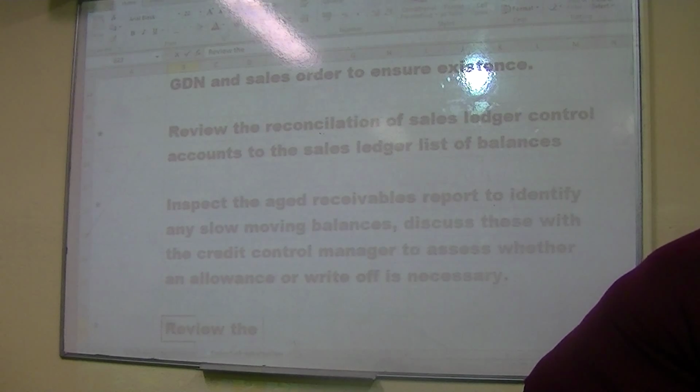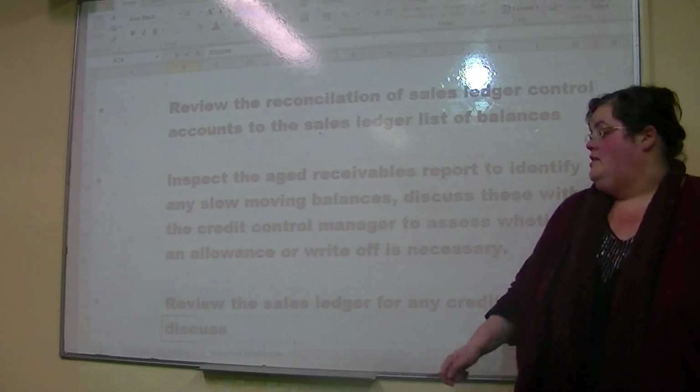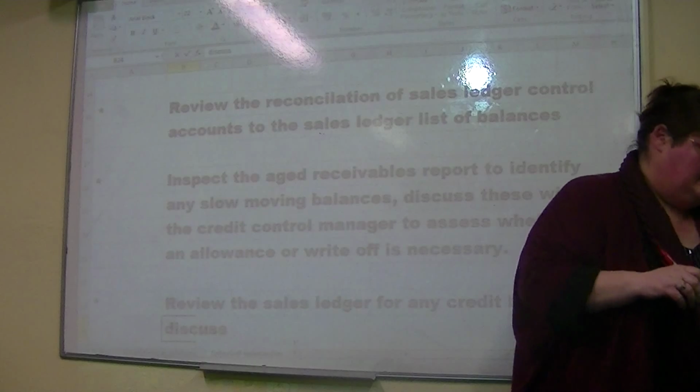Review the sales ledger for any credit balances. Okay, so you have a credit balance instead of having a debit balance.